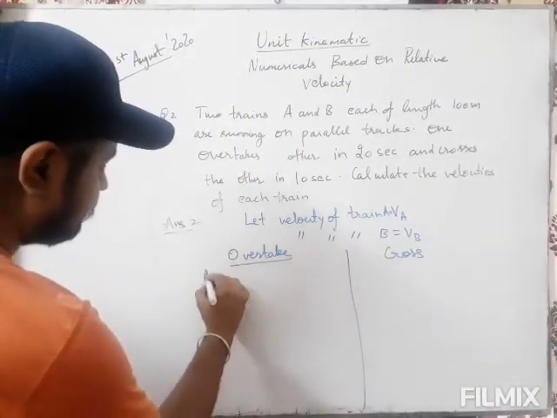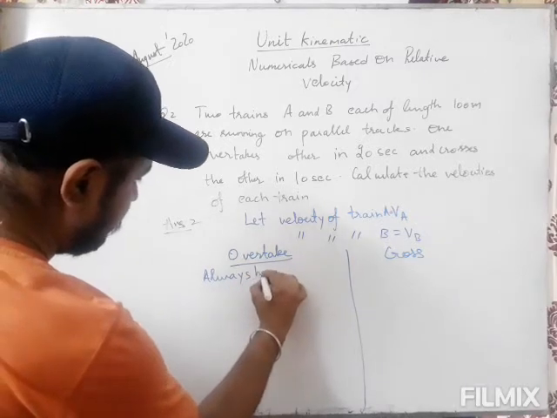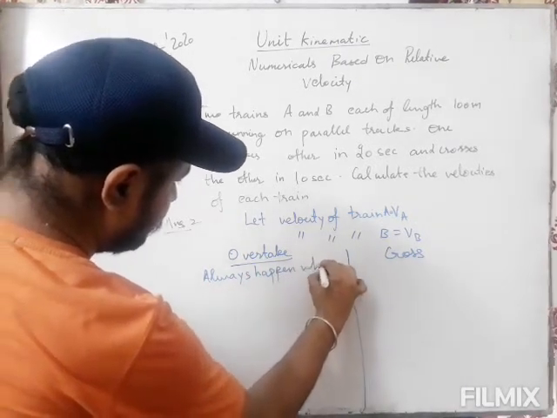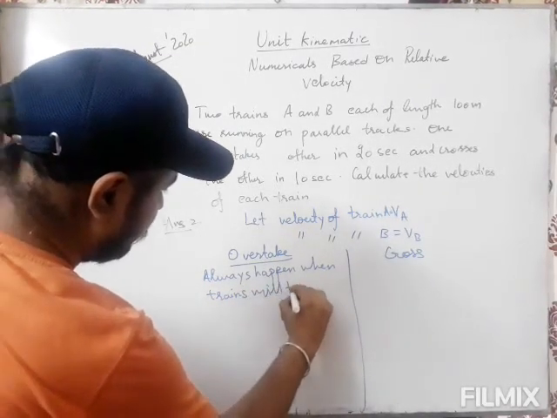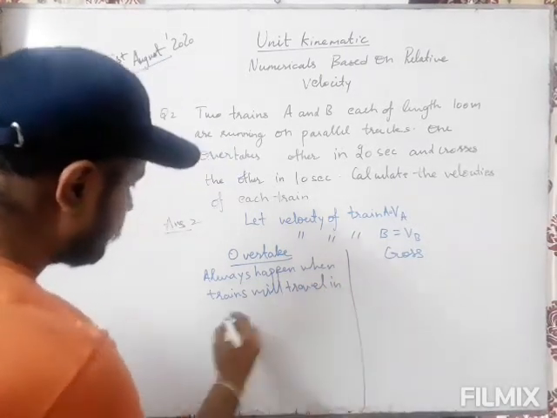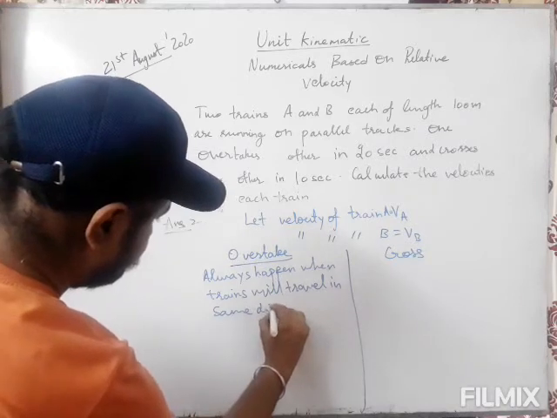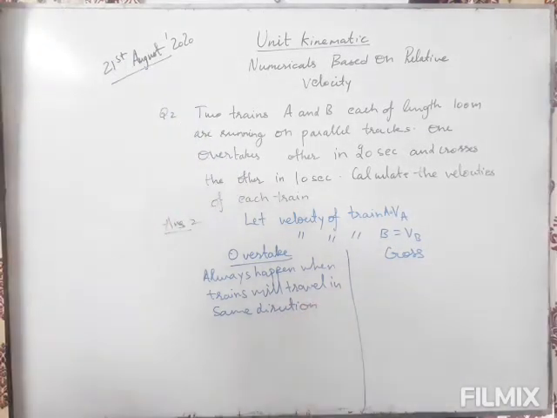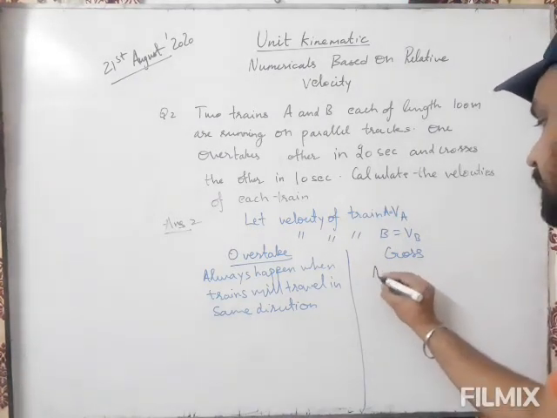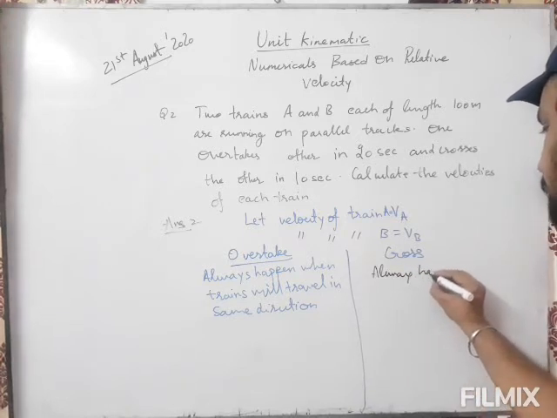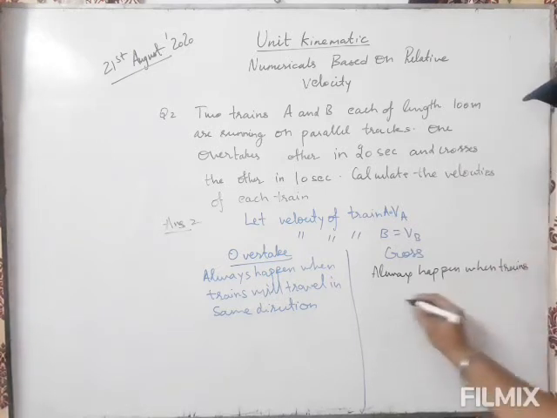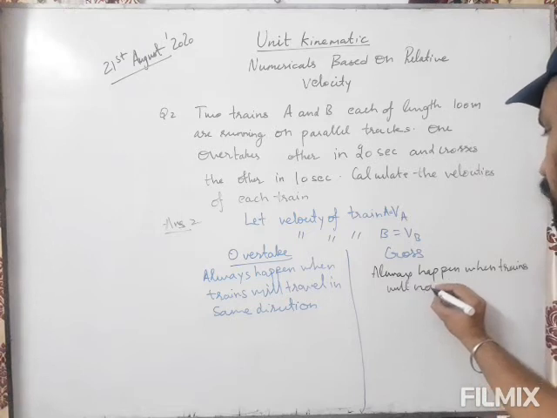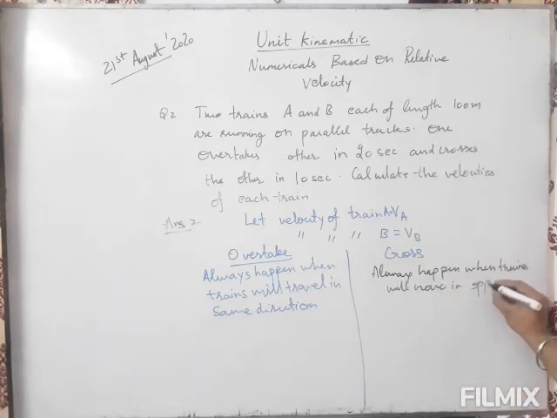Overtake always happens when trains travel in the same direction, and similarly crossing will always happen when trains move in the opposite direction.